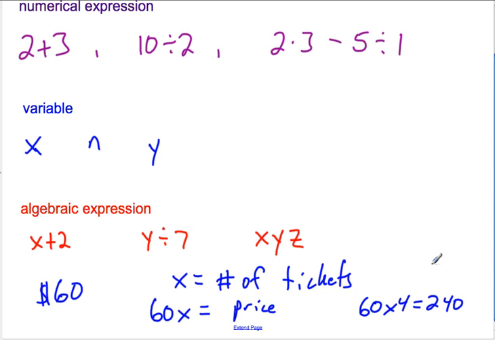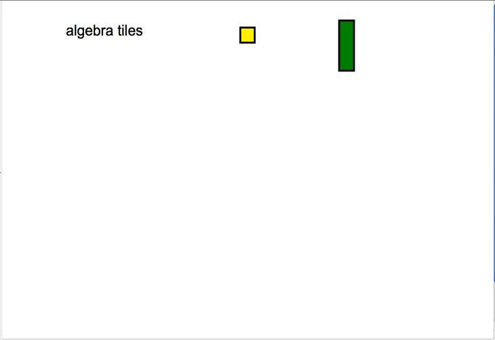Okay, so a variable expression or an algebraic expression is going to hold the place, or the variable in it is going to hold the place for a number that we're going to put in there later. So we can use algebra tiles to represent a model of what a mathematical expression might look like, or an algebraic expression might look like.